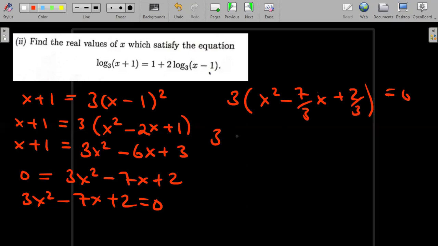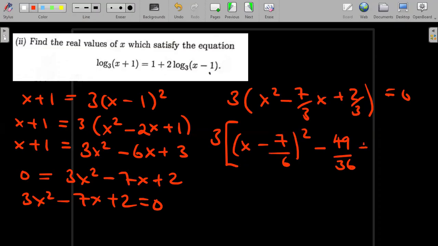Then we have 3 times x minus half of 7 over 3, which gives 7 over 6, squared. Then minus, when we square half of that, negative 7 over 6, we get 49 over 36, then plus 2 over 3, equal to 0.